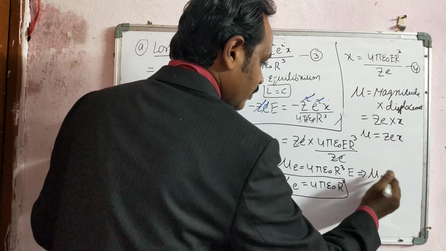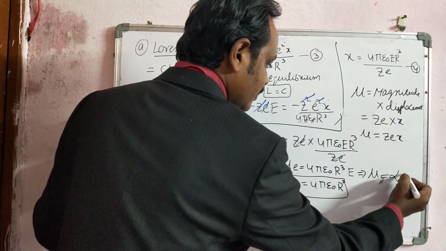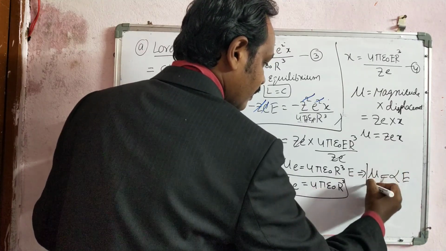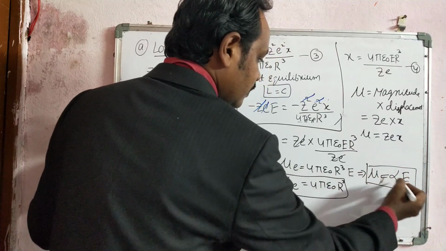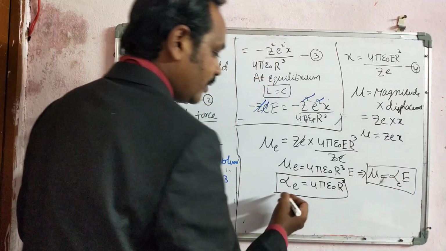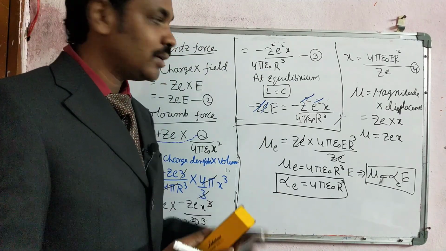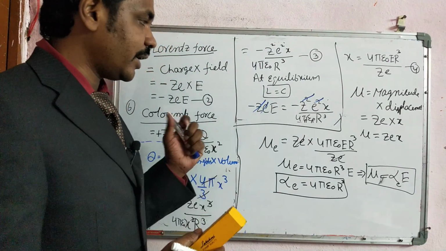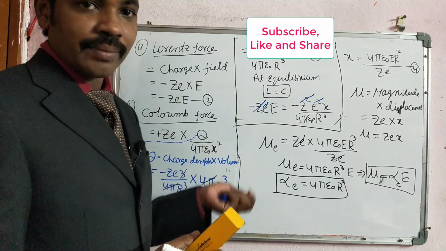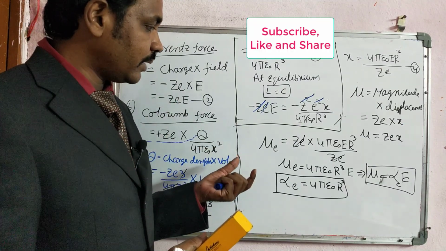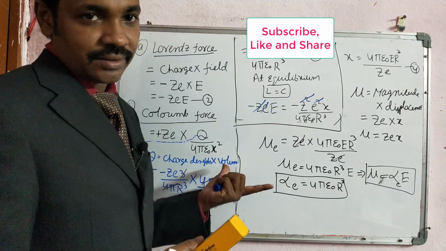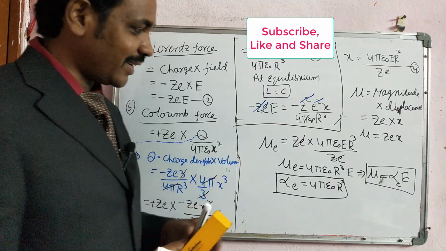You have seen that the basic equation is mu equals alpha E, so we compare the left side and right side. In place of alpha, we write 4 pi epsilon naught r cube. Clear? This is the derivation for electronic polarizability. If you have any doubt, just write it in your comment box, and I will definitely answer your questions.